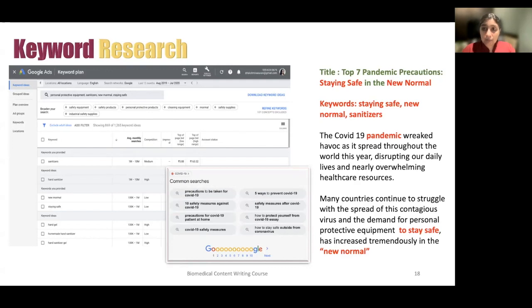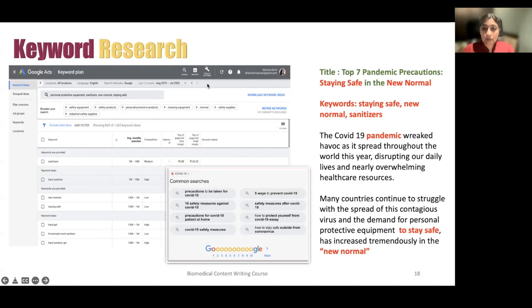So supposing we are given a topic, the pandemic measures, staying safe in the new normal, we would write keywords that include staying safe, new normal, sanitizers, that we would somehow work into our content. Work it so that it comes naturally, that it flows naturally in the content, but we know that these are words that people are looking for.